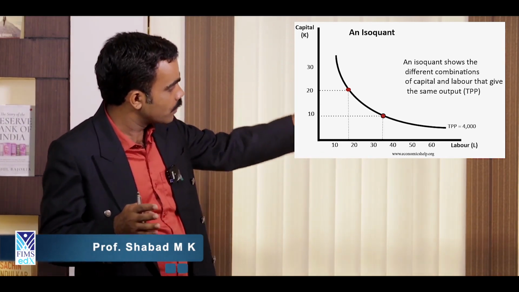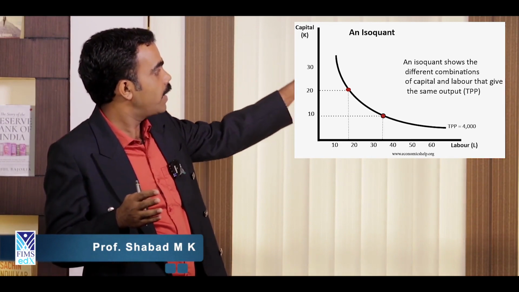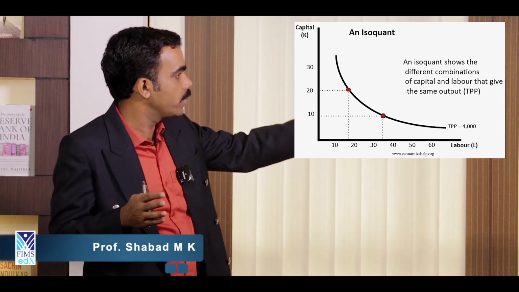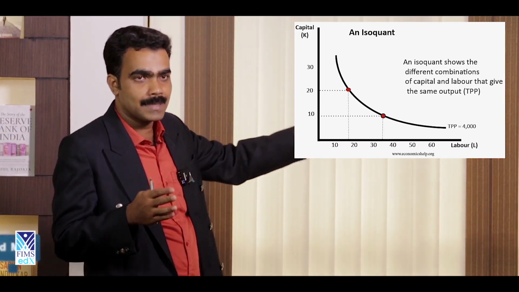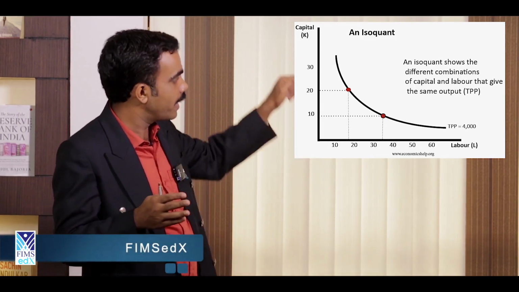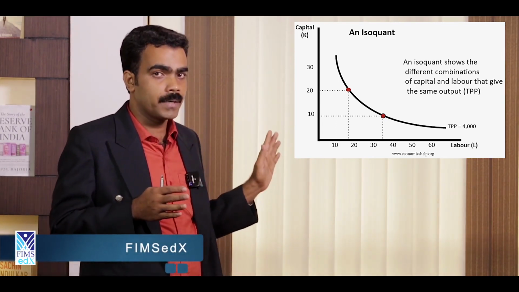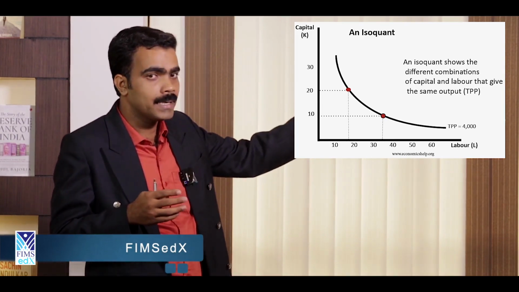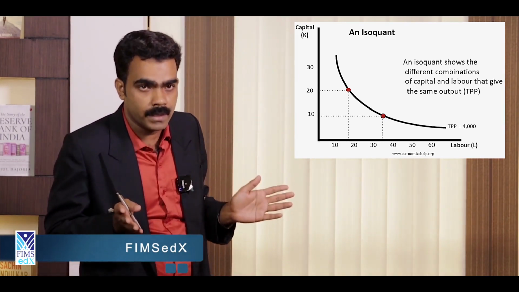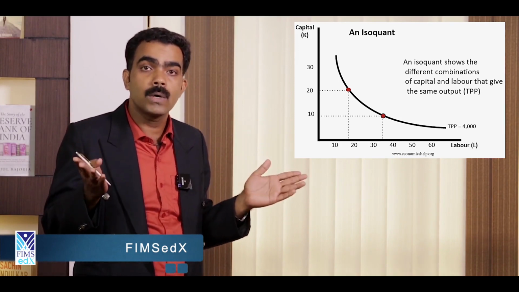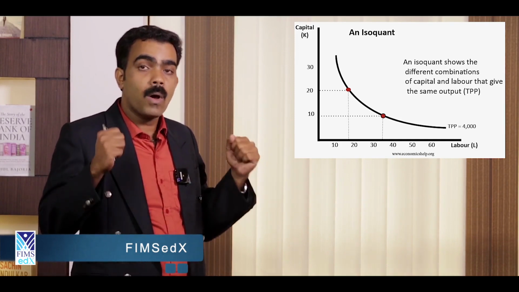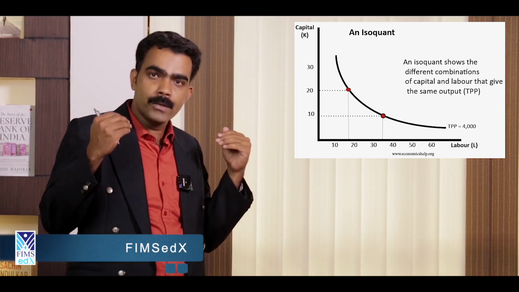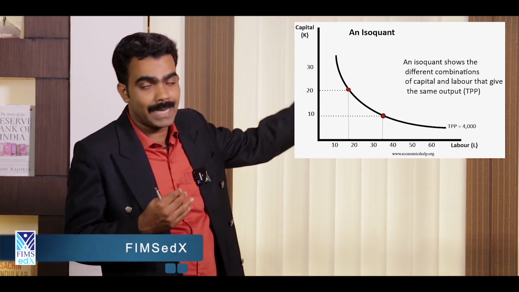When we are producing 100 units with different levels of capital and labor, in all these combinations we are getting equal product of 100 units. So the graph is a downward sloping curve from left to right, which indicates equal productivity. That is what is known as isoquant or equal quantity. So the long run analysis is done by evaluating this isoquant analysis.